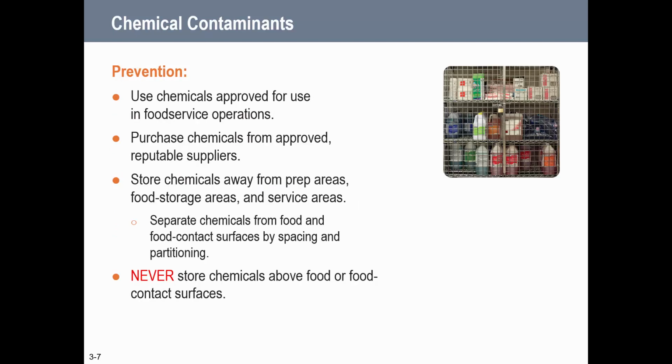The best thing for prevention for chemical contaminants is to use approved chemicals, make sure they're from approved suppliers, and that they're stored away from food and prep and service areas, theoretically separated so it's very obvious what's chemicals and what's food. Don't ever store them above food or food contact surfaces.